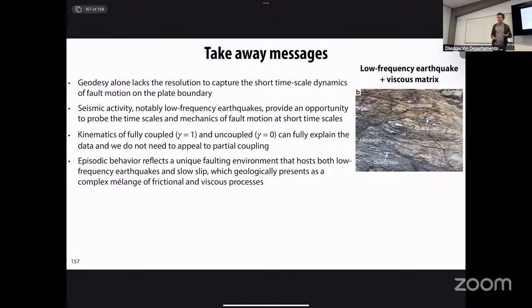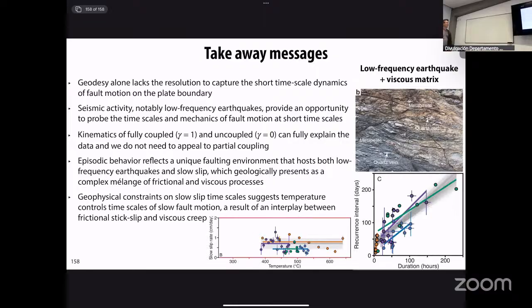And there's this unique environment where there are pore fluids involved that can potentially enable frictional slip that would otherwise be impossible, that would then interact with this viscous component that's dependent on temperature. And so here we presented geophysical constraints on these timescales that help us tease out that maybe temperature is what controls the timescales of the slow fault motion. That's this interplay between frictional viscous behavior. With that, thanks so much for listening.